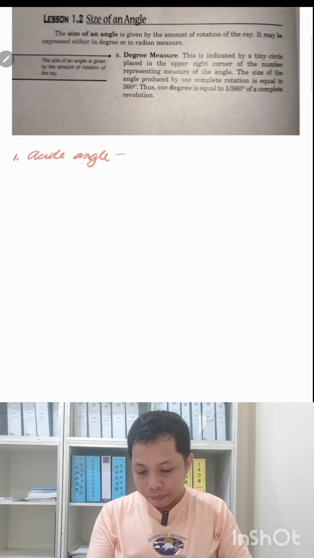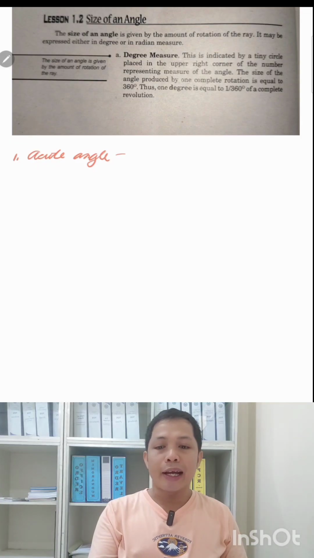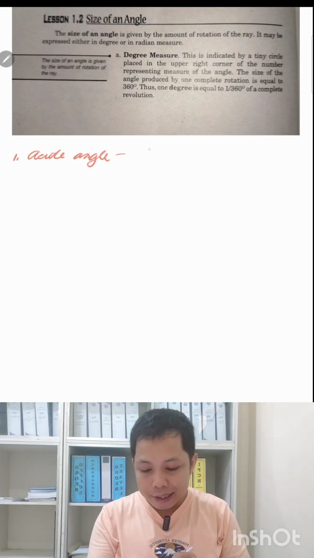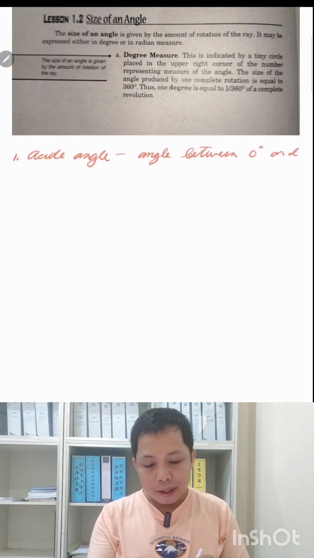What is an acute angle? This is an angle between 0 degrees and 90 degrees. In interval notation, we have 0 degrees, 90 degrees.